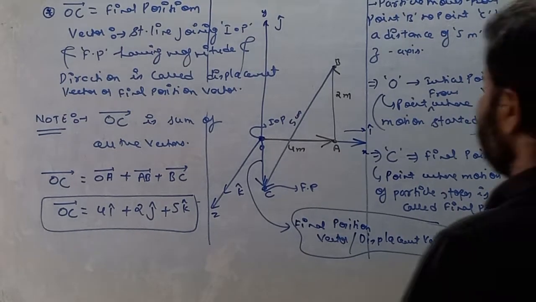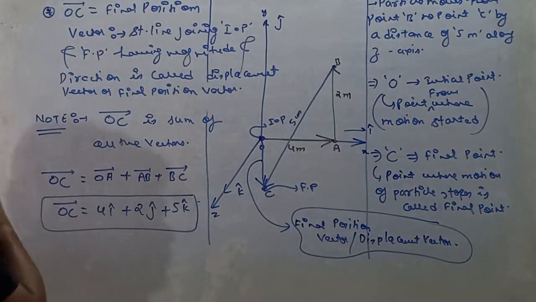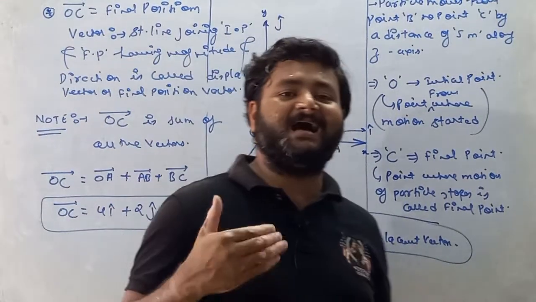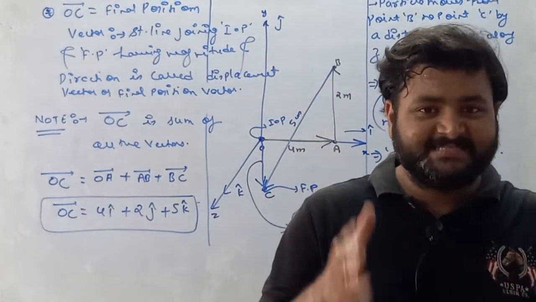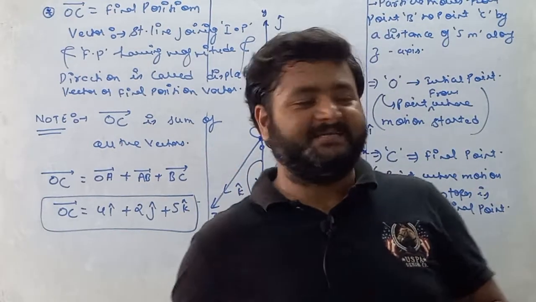So if I apply mod on this OC vector, then we'll say it is now the magnitude of the resultant vector or final position vector or displacement vector.